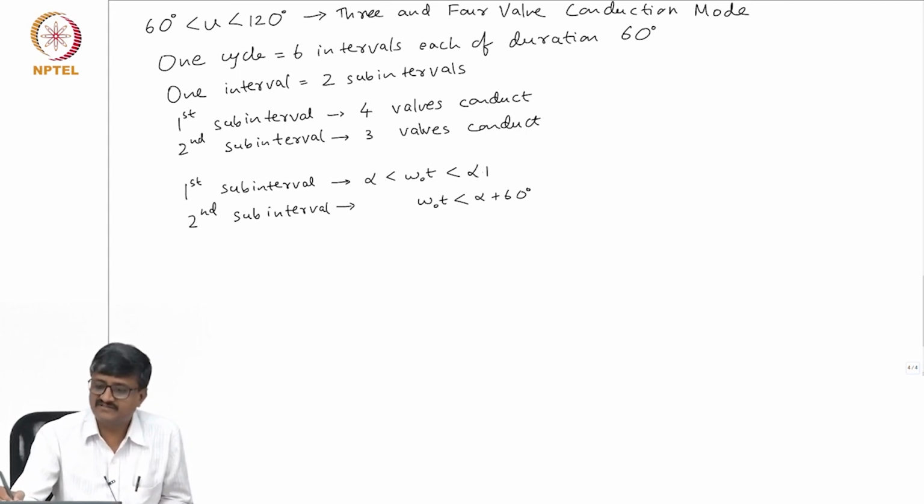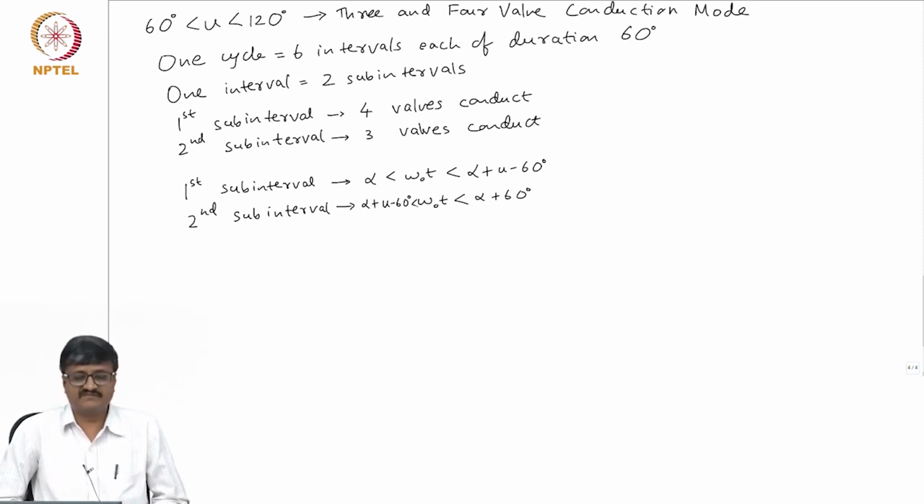Alpha plus U minus 60 degrees. So, alpha plus U minus 60 degrees is less than omega t less than alpha plus 60 for the second subinterval. Is that okay or not? Is that okay?